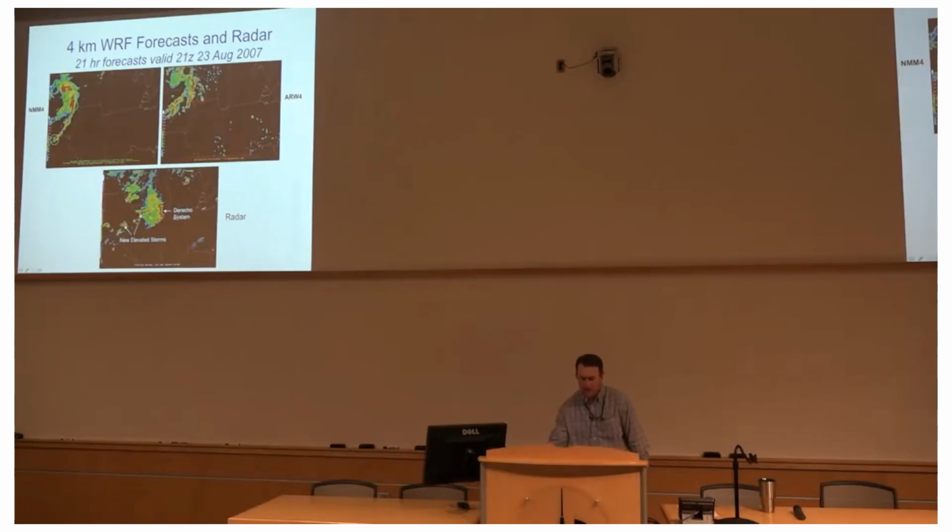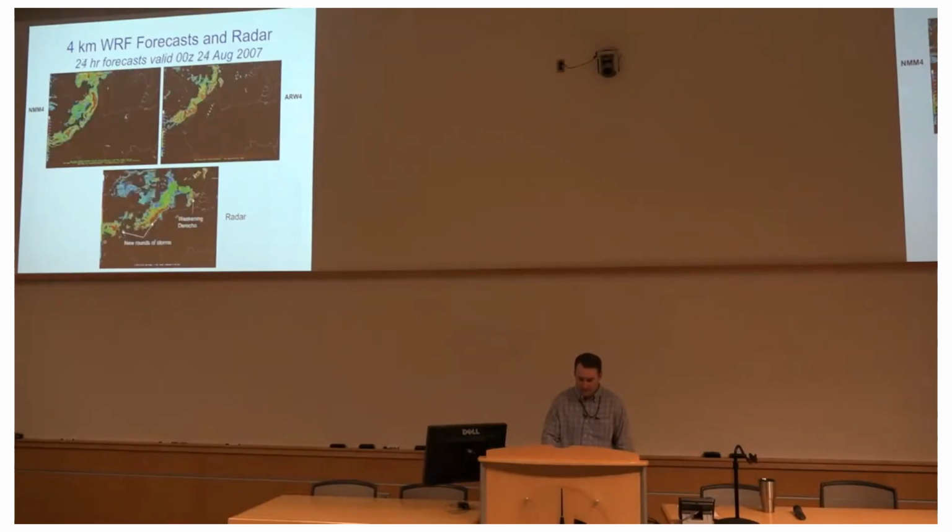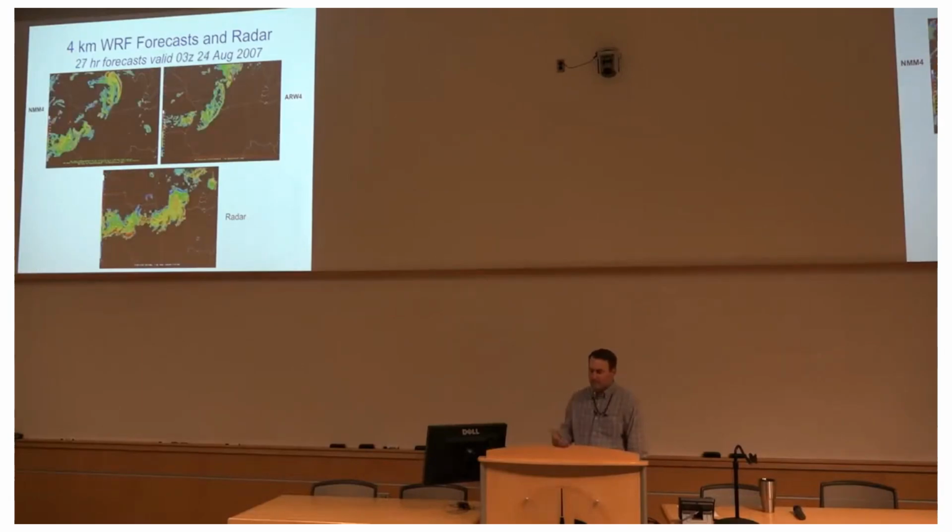Clearly, there's a strong circulation within the model evolution of that MCS, and you can see sort of the bowing nature of the reflectivity signature. It's a little smaller scale in the ARW. In here, there's actually a sort of a secondary one, which is not exactly right, obviously, to what happened in terms of radar reflectivity. But again, it's information to forecast, or maybe I should be thinking about the wind threat with this MCS.